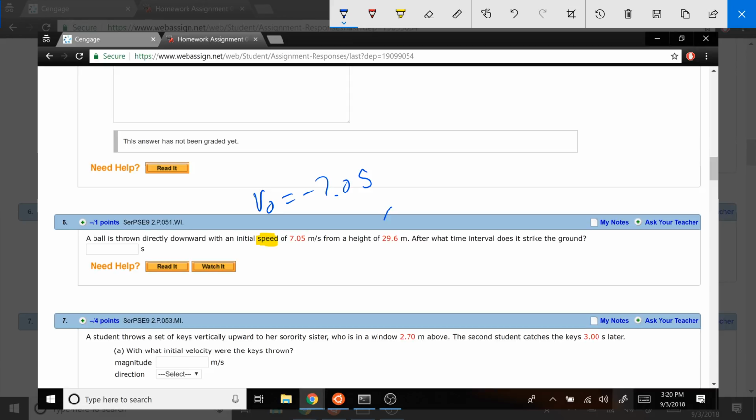I fell for it. There's an X naught. I did 7.05. X naught is that? What's the final X? What do you mean? It's the ground. 6 minus X naught? Minus what? No, what is it when it hits the ground? The ground could be anything. But what's height?